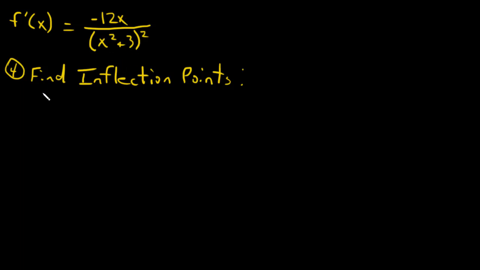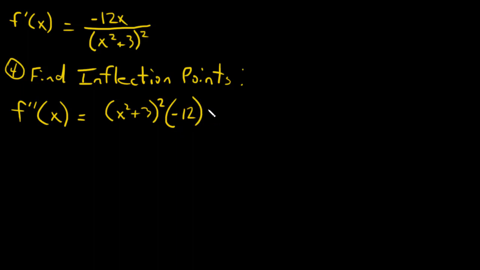It's going to be f double prime of x equals bottom, x squared plus 3 quantity squared, times derivative of the top, -12, minus the top, -12x, times derivative of the bottom, here we go, 2 times x squared plus 3 to the first power times the derivative of the interior, which is 2x.